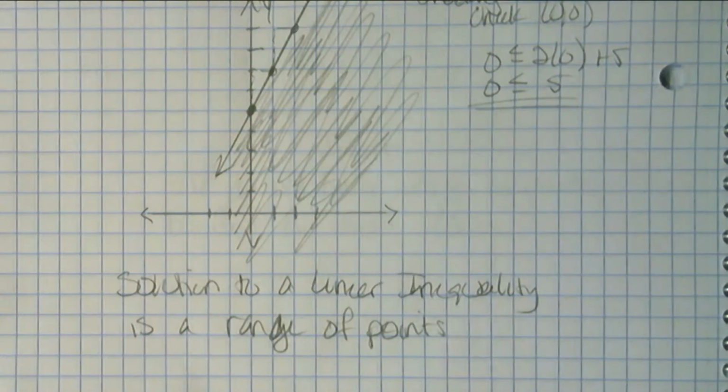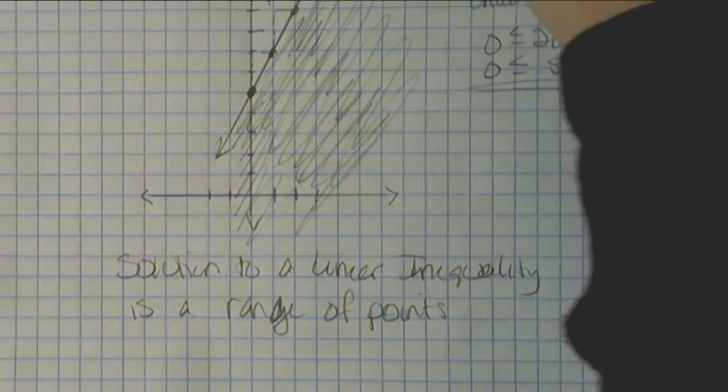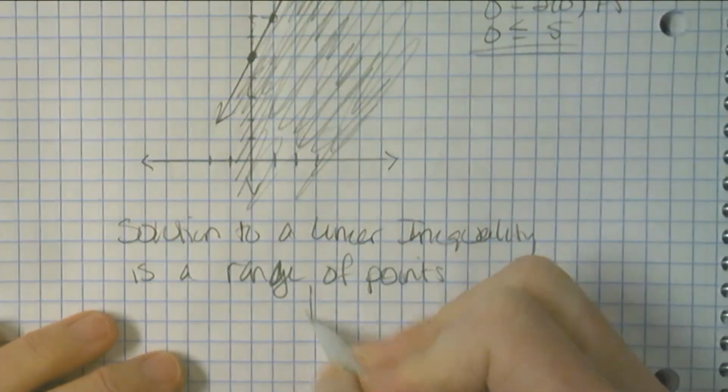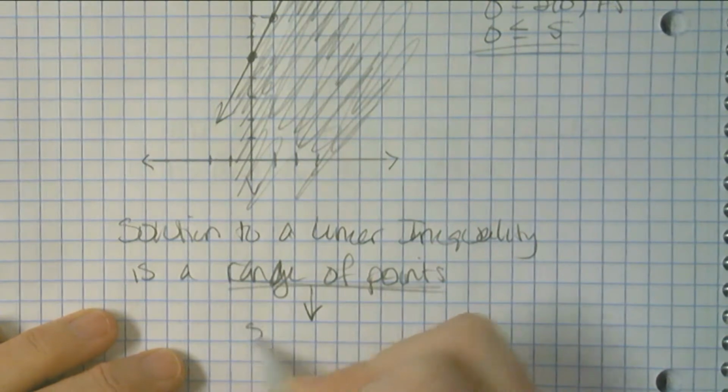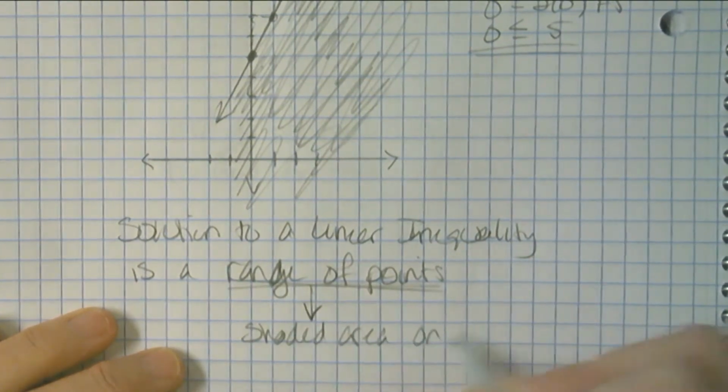It's a range of points. And that range of points is our shaded area, the shaded area on the graph.